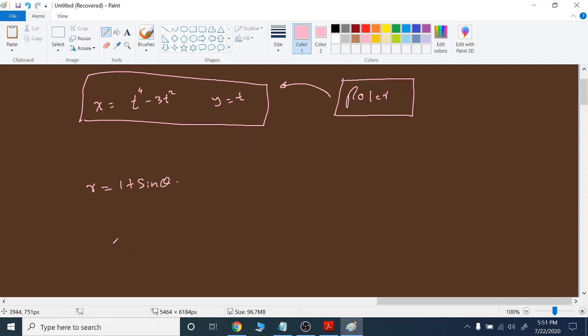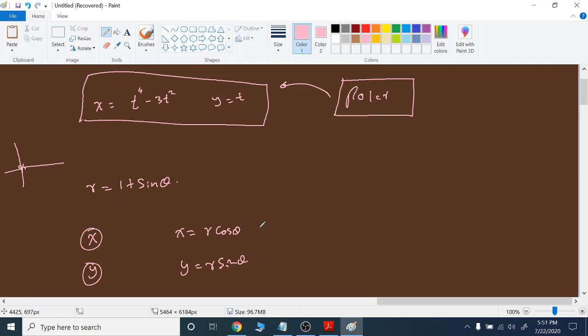Now what we need is the x coordinate as well as the y coordinate, and here we know that x equals r cos theta and y equals r sine theta. Here we are using both the polar representation and the Cartesian representation in the same diagram, so that's why we have these relationships.